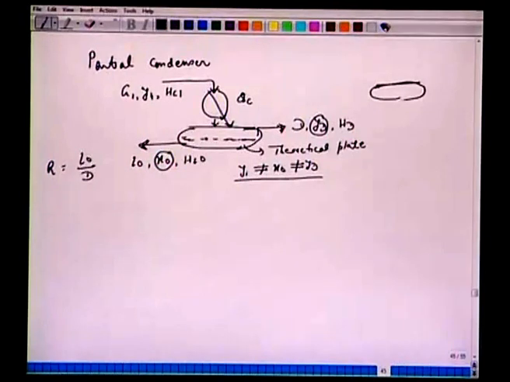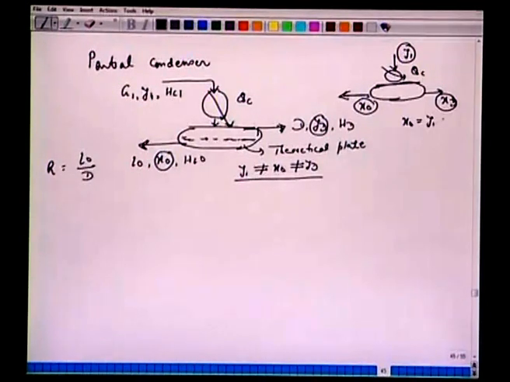When we had the total condenser and this QC, then Y1, XT the liquid, and here X0 the liquid phase or the reflux mole fraction, X0 is the same as XT, the same as Y1. That is the difference here.